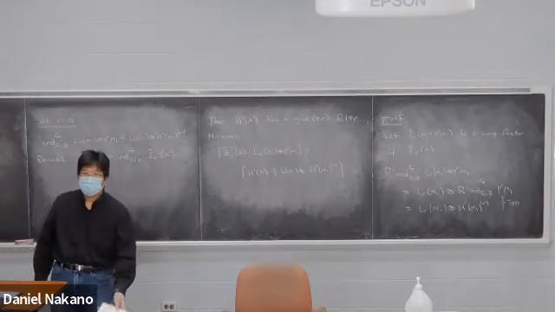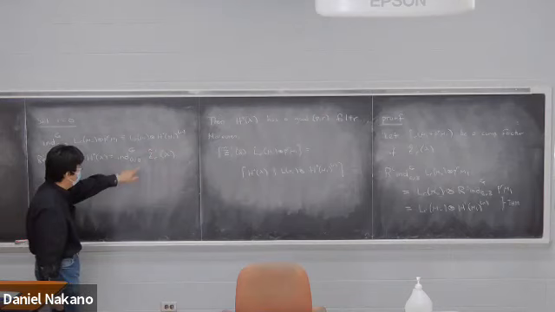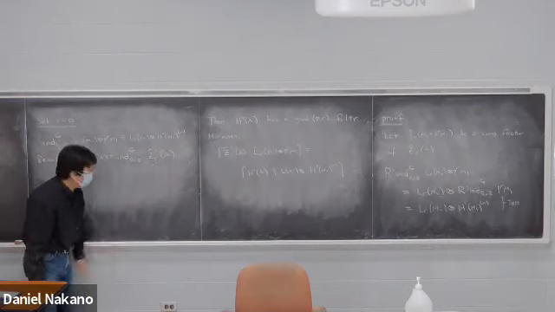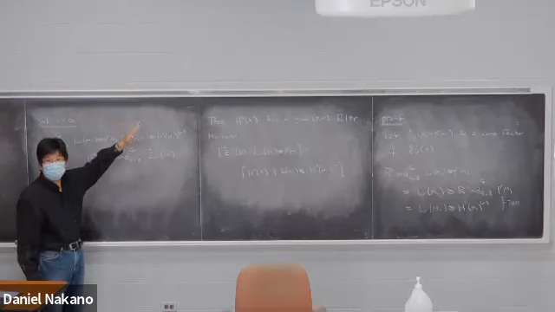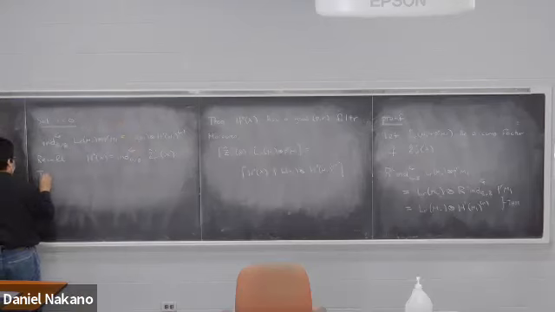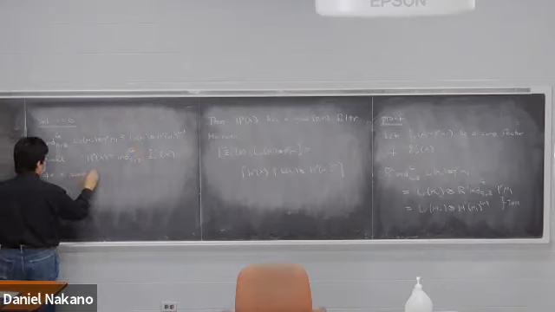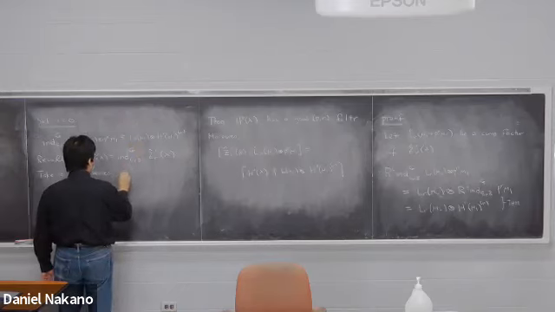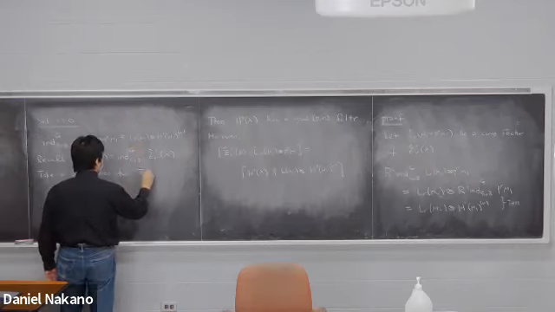The idea is I'm going to take a composition series for this, and then I'm going to hit it with the induction functor. So take a composition series for Z_r.